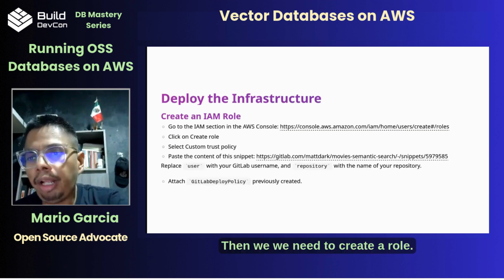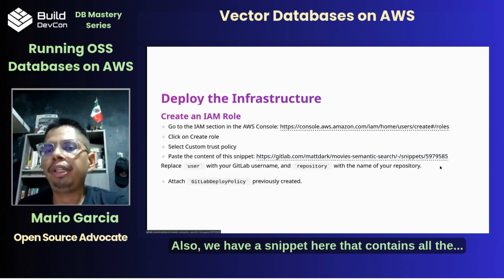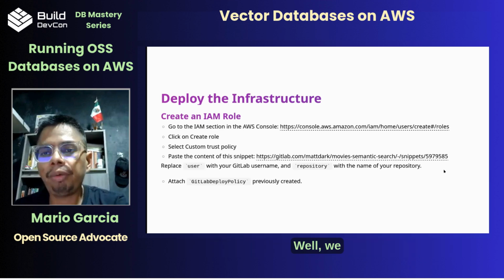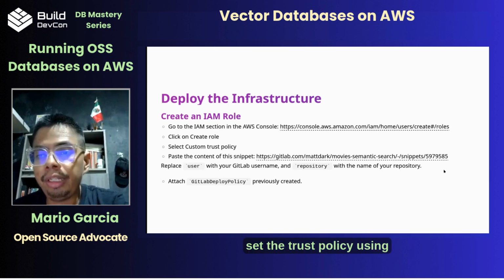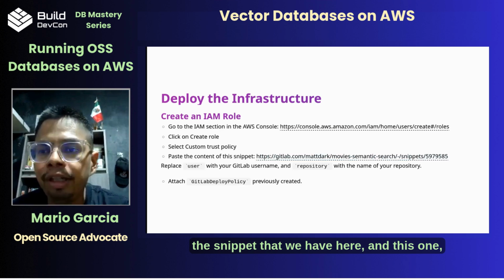Then we need to create a role. Also, we have a snippet here that contains all the, well, we set the trust policy using the snippet that we have here.